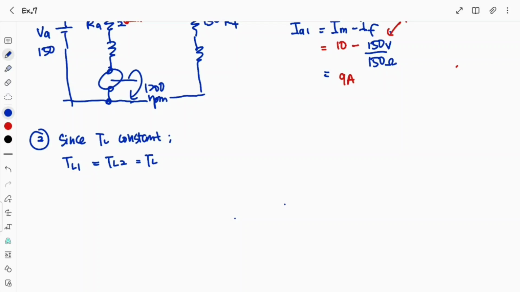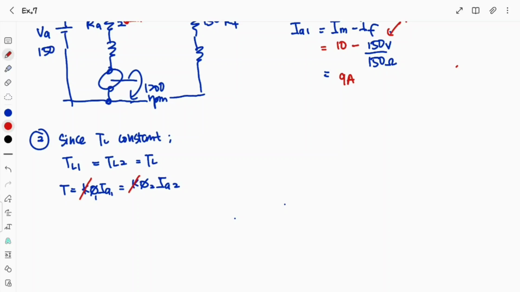Now you have torque equals KV IA, right? Since it's constant, you can say that KV1 IA1 equals KV2 IA2. This K is the motor constant, and you can cancel it out because it is the same construction of the motor.